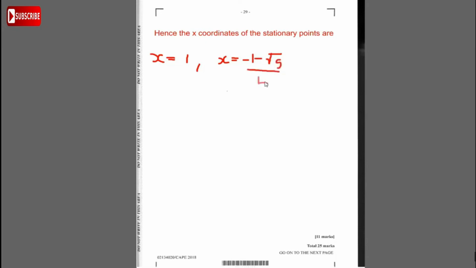So we can write down that, hence, the x coordinates of the stationary points are, imagine they're giving away 11 marks for this, so easy. x equal to 1, comma, then x equal to minus 1 minus root 5 over 4, comma, and then the next one, minus 1 plus root 5 over 4.